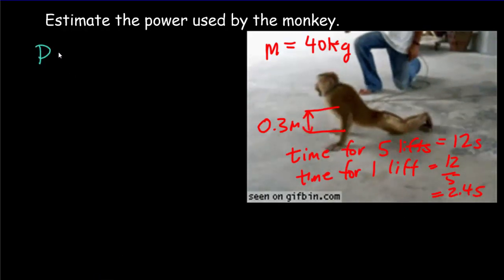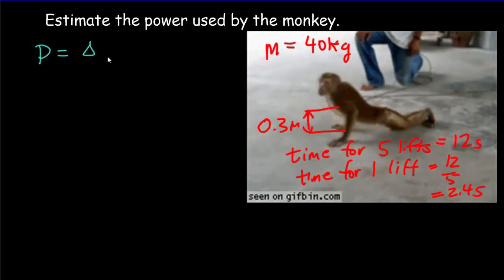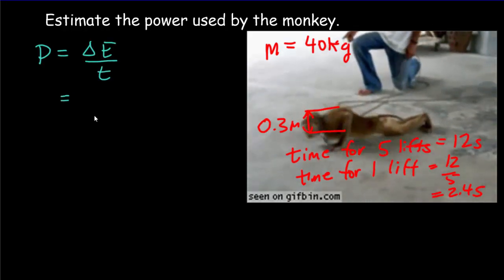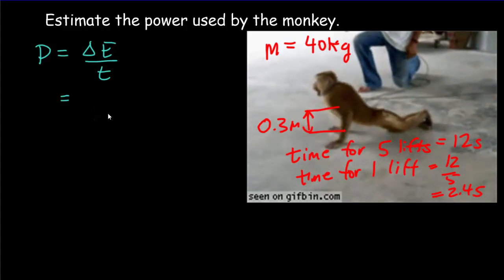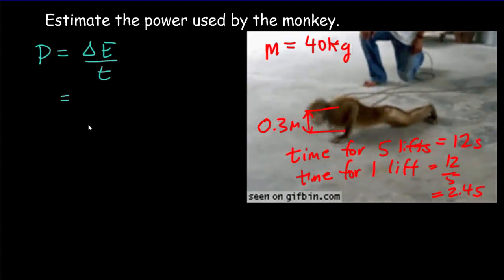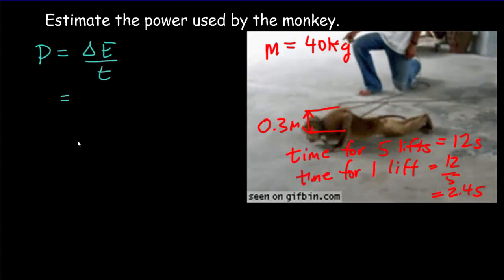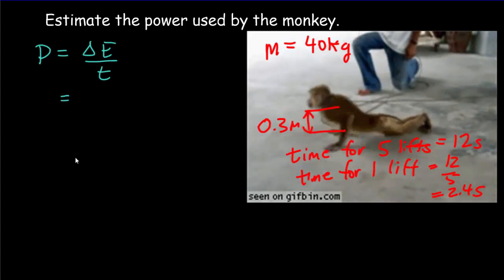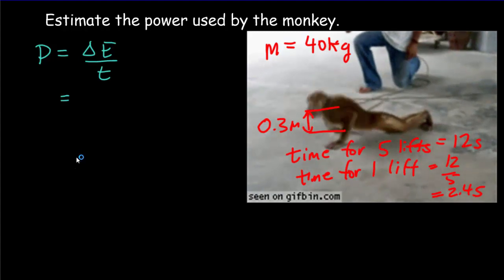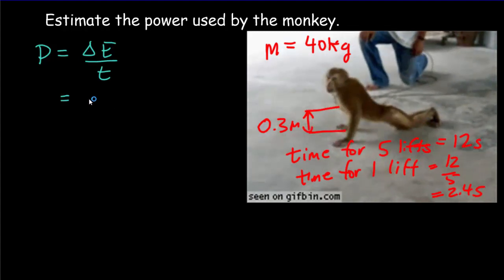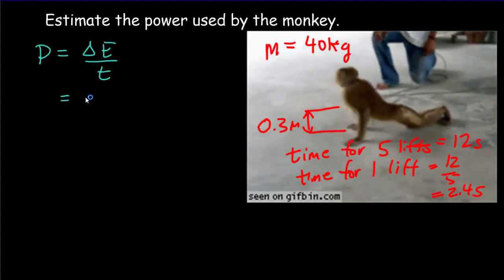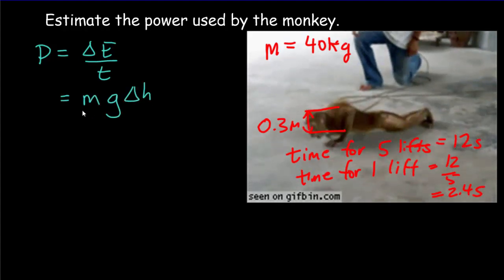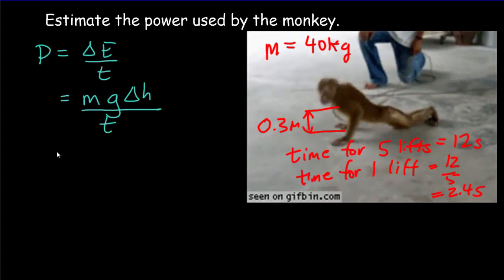So now his power is going to be his change in energy over time. The change in energy, he's changing his gravitational potential energy. He is speeding up and slowing down, but his average speed would remain the same. So we're going to neglect any changes in kinetic energy. So gravitational potential energy would be given by mg delta h, and then the time would be the time for 1 lift.